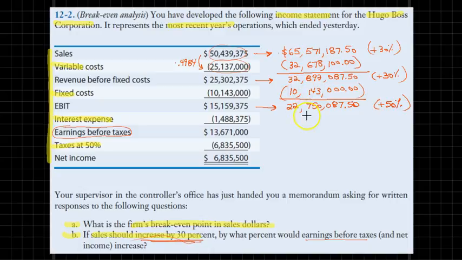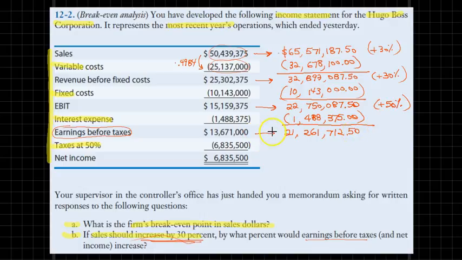And finally, the interest expense is also fixed. So $1,488,375 deducted from this previous figure of earnings before interest and tax, we get the number $21,261,712.50.